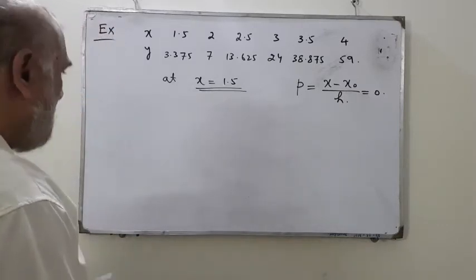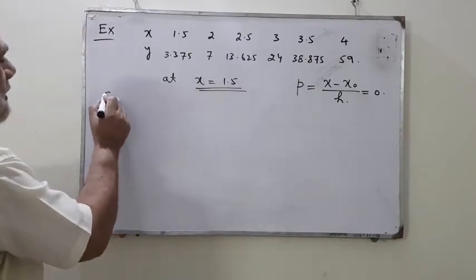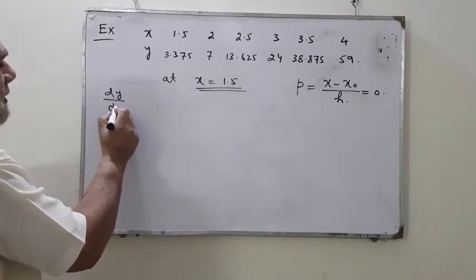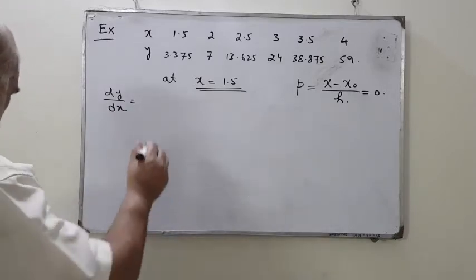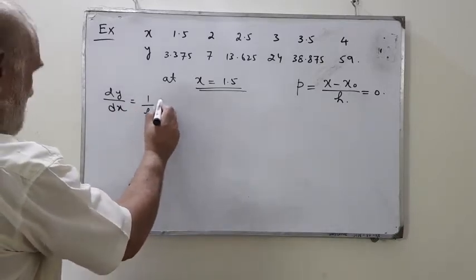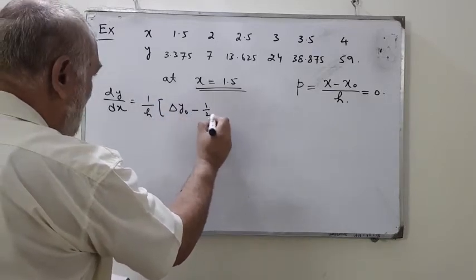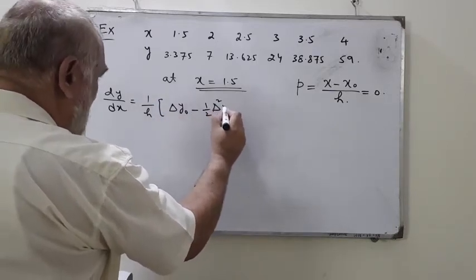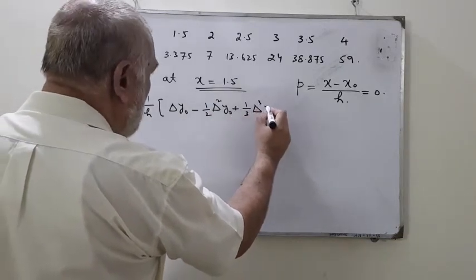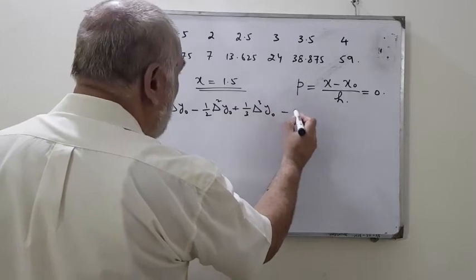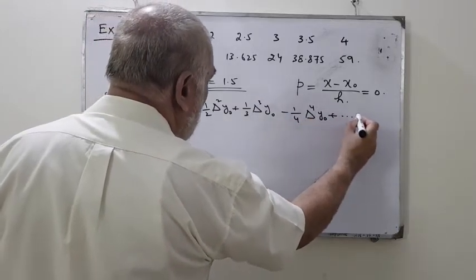The formula for the derivative is, if you remember, dy over dx for the first order derivative, and this was equal to 1 over h inside delta y0 minus 1 by 2 delta 2y0 plus 1 by 3 delta 3y0 minus 1 by 4 delta 4y0 and so on.